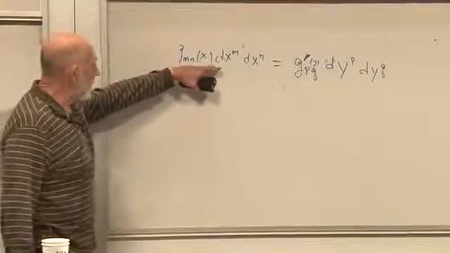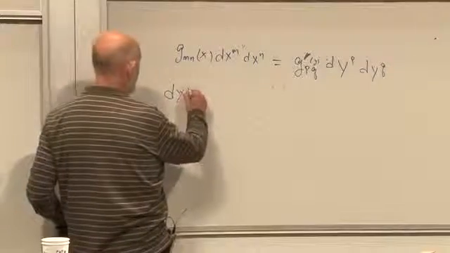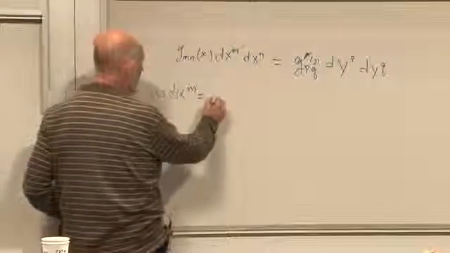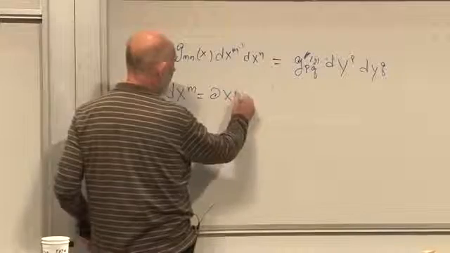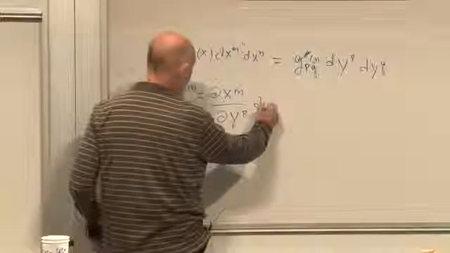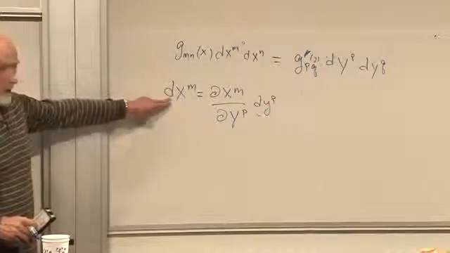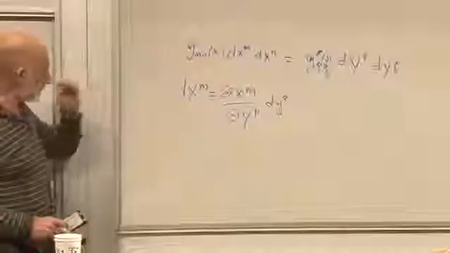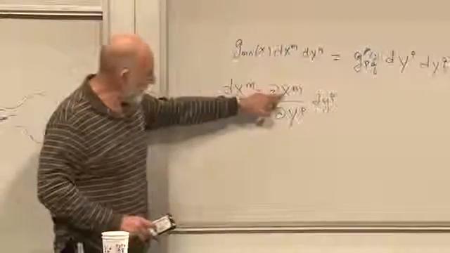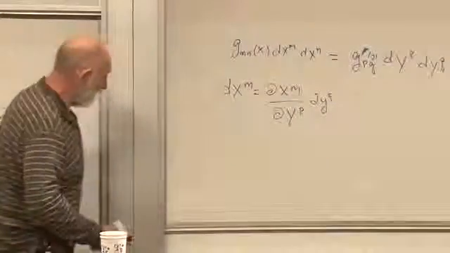Okay, let's rewrite this by writing that dx^m is equal to the partial of x^m with respect to y^p times dy^p. The little differential element of x separation is the derivative of x with respect to y times the little change in y.